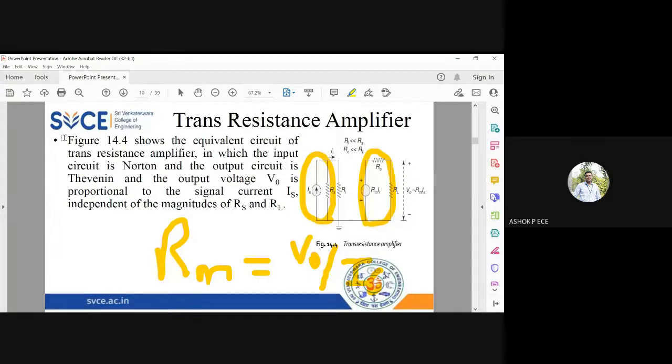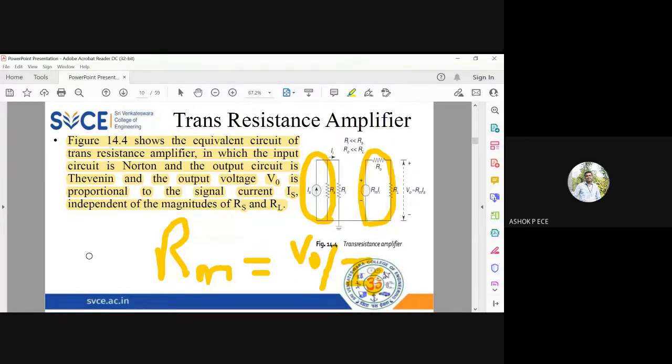So here you see a transresistance amplifier in which the input circuit is Norton and the output circuit is Thevenin. You can say V naught is proportional to I in, or V naught equal to Rm into Ii, and the proportionality constant is the transresistance Rm. In the same way, this Rm should be independent of Rs and RL.